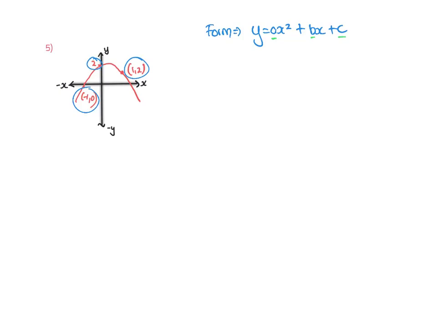So I'm going to use negative 1 and 0. So that's an x and a y. So 0 equals a times negative 1 squared plus b times negative 1 plus c. So if you expand that out, you get a minus b plus c.